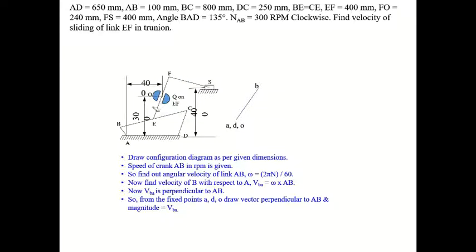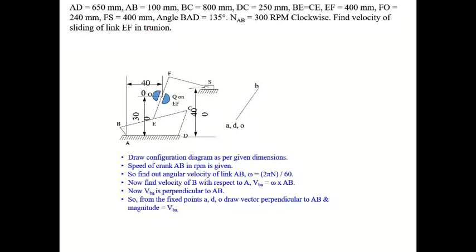And we will draw the space diagram. In the question they have given AD 650 mm, AB 100 mm, BC 800 mm, CD 250 mm, and the rest of the things. They have given angle BAD as 135 degrees, and the speed of the crank AB is 300 rpm.